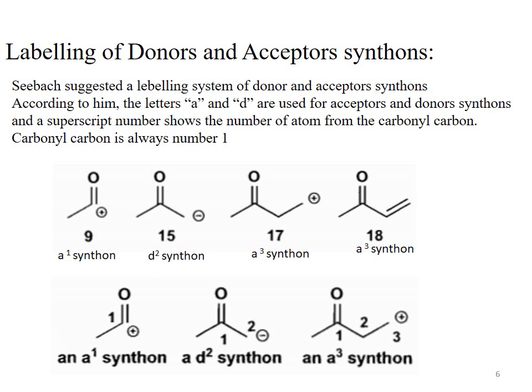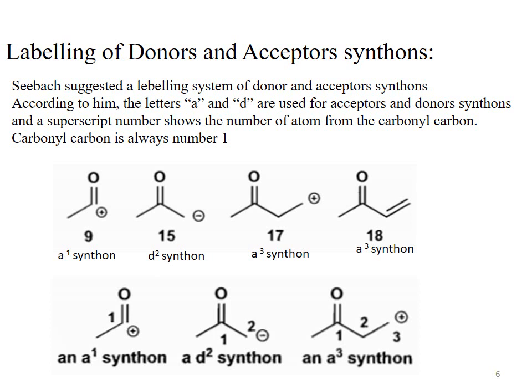And in compound number 18, there is no charge. It's a very important point. It's an alpha beta unsaturated carbonyl compound. Remember, when we have alpha beta unsaturated carbonyl compounds, it is the beta carbon which acts as an electrophilic center. So this is the carbonyl carbon, this is the alpha carbon, this is the beta carbon.